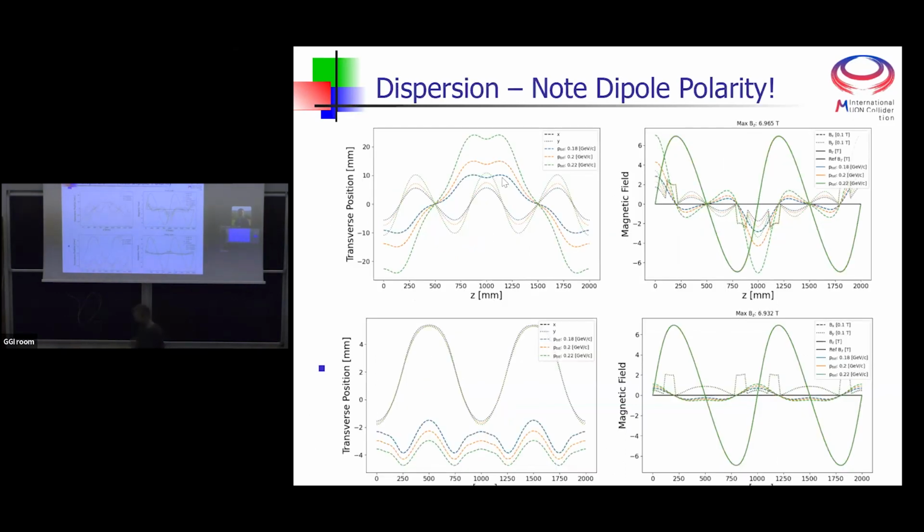Okay, the other thing in this system is the dispersion. So dispersion is the correlation between position and momentum. What I've got here is I've plotted the closed orbit, the closed trajectory, for 3 different momenta. I have the lowest momentum particle as the blue dashed line, the highest momentum particle as the green dashed line.